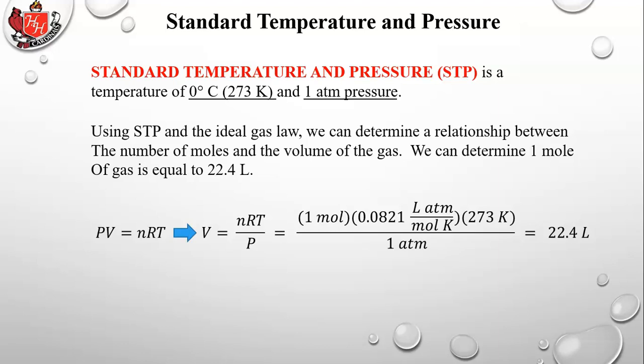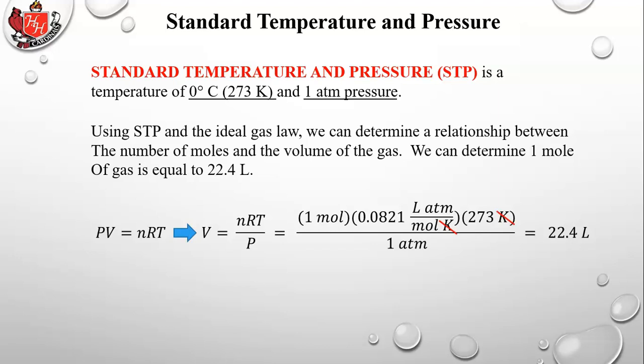Okay? So now we have the numbers set up. Let's see if the units cancel. This is what the ideal gas constant does, it sets up a bunch of conversion factors, so all the units cancel except the one we want, which is for volume, and that should be in liters. And you can see over on the right, the answer is 22.4 liters, but let's look at the unit cancellation.